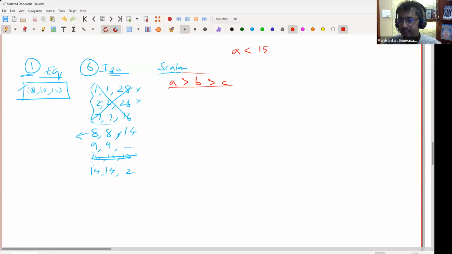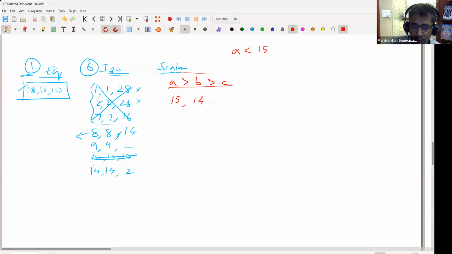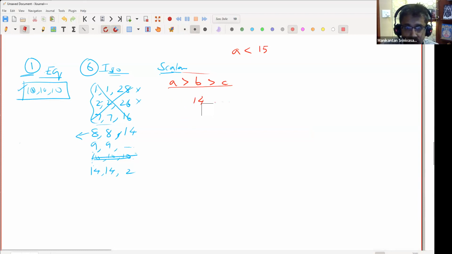The smaller sides B and C should add up to strictly more than the longest side A. A is less than 15, which means my starting number can't be 15, 14 and change. It has to be less than 15, so 14, 13 and change.